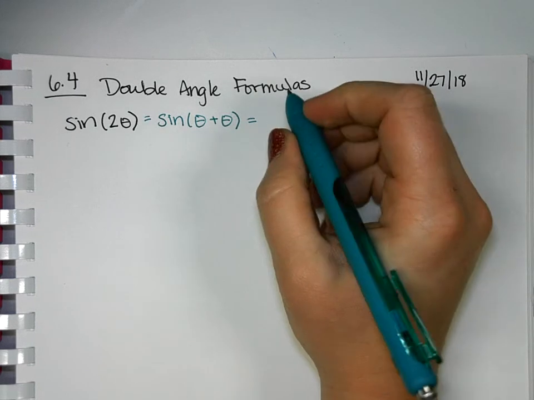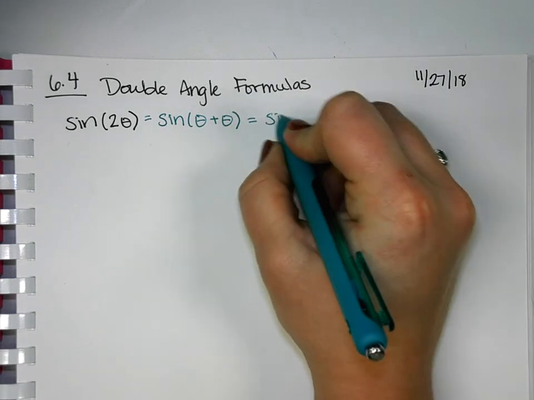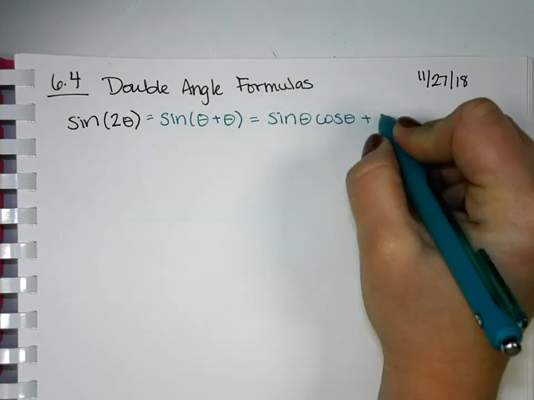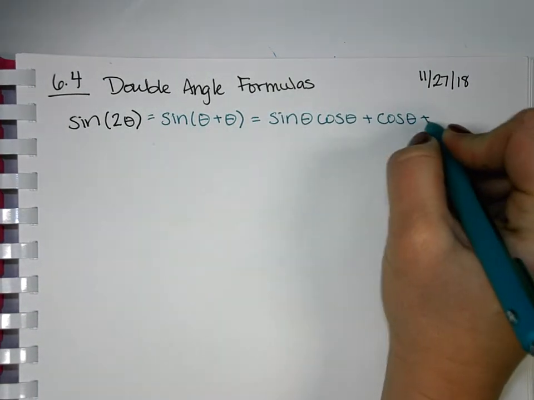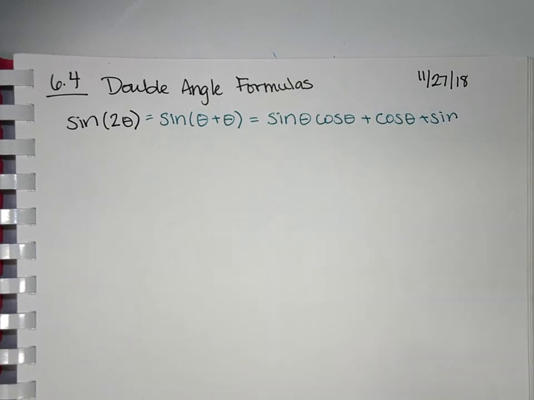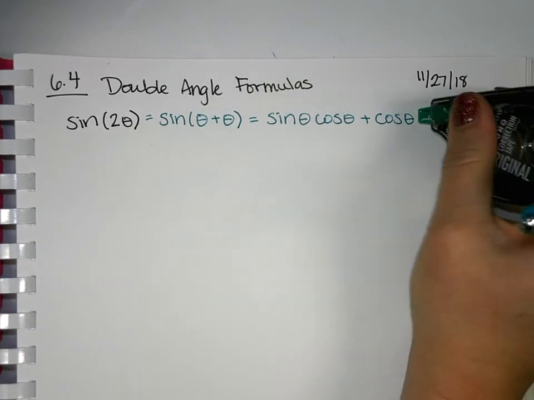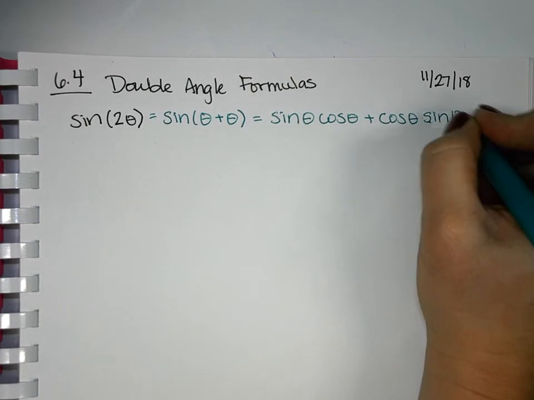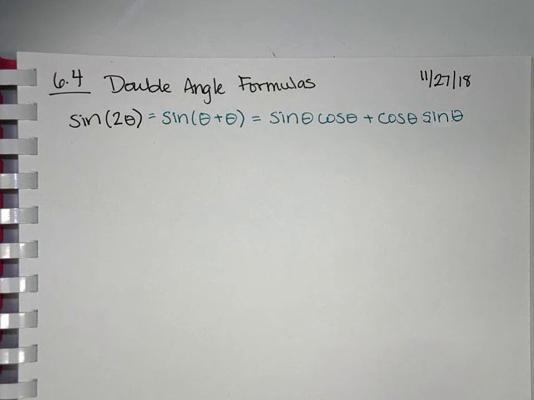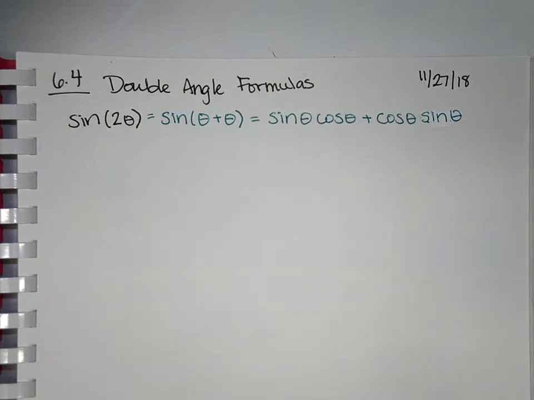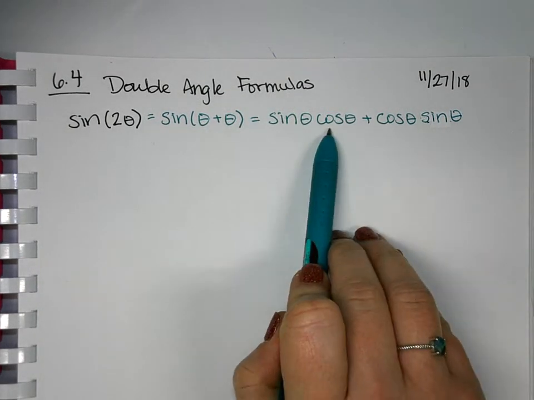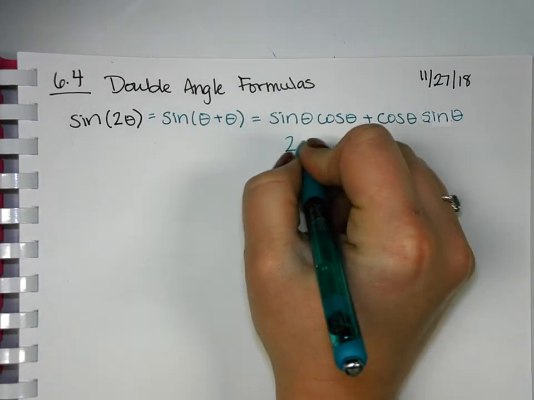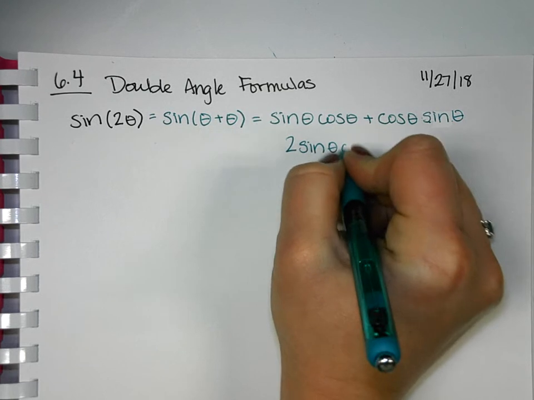Using our angle addition for sine, we end up with sine theta cosine theta plus cosine theta sine theta. When we write it out using our addition formula, we end up getting sine theta cosine theta plus sine theta times cosine theta. We can combine those to just be 2 sine theta cosine theta.